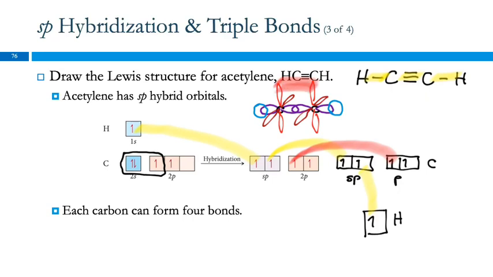So that's up here. That's going to be one of these bonds. And then I can get another one with the other two p orbitals. And that's the second pi bond, the third bond.